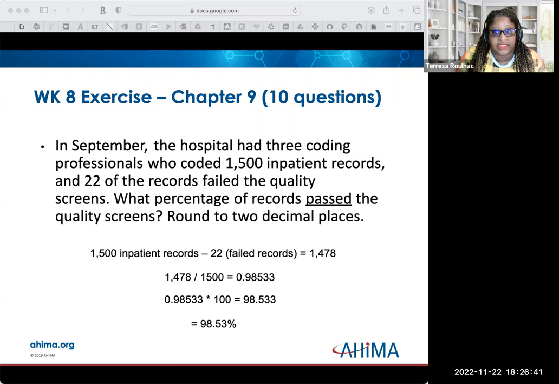We want 2 decimal places, 98.53%. Letting us know that, okay, 22 failed, but we have a rate of 98.53% that did indeed pass.